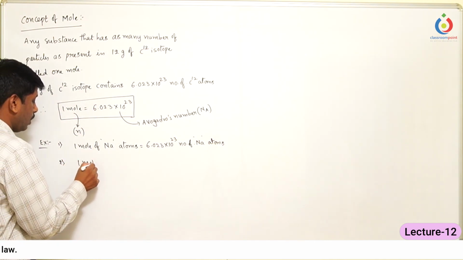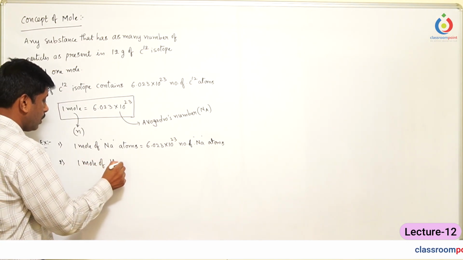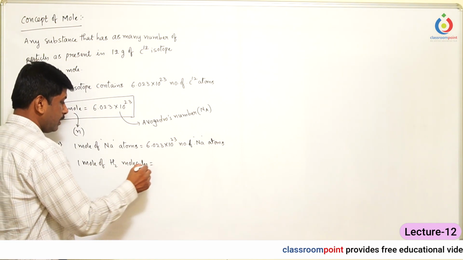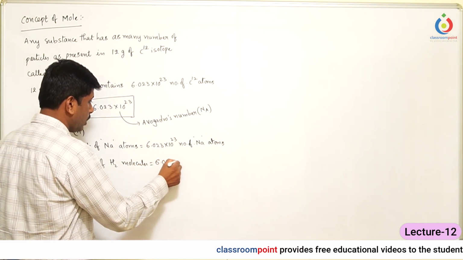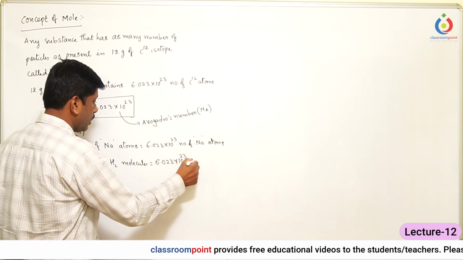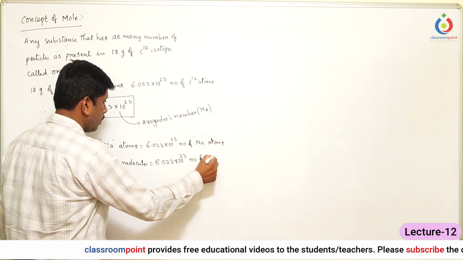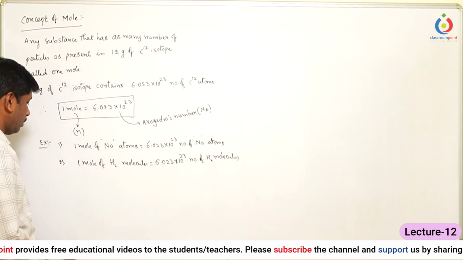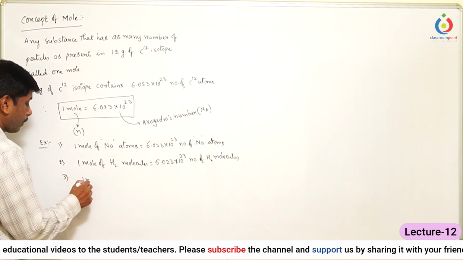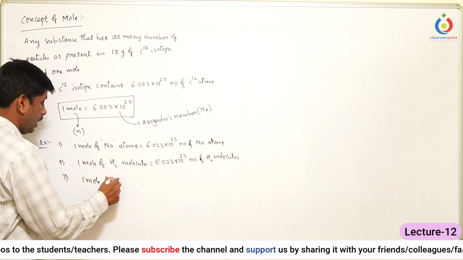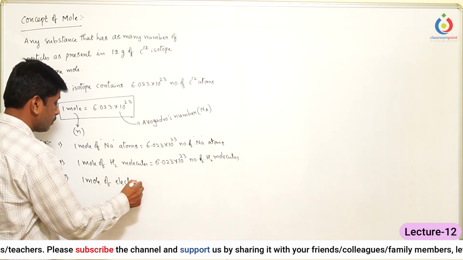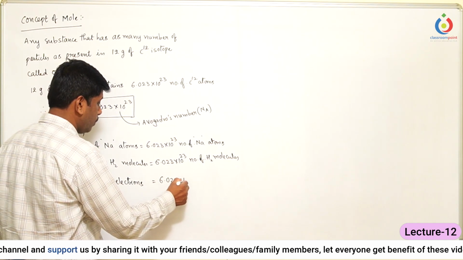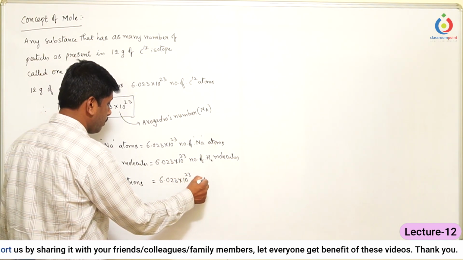If you take 1 mole of H2 molecules, that again means 6.023 × 10^23 H2 molecules is called 1 mole. Similarly, 1 mole of electrons is equal to 6.023 × 10^23 electrons.